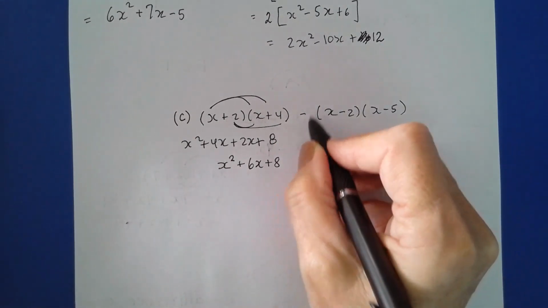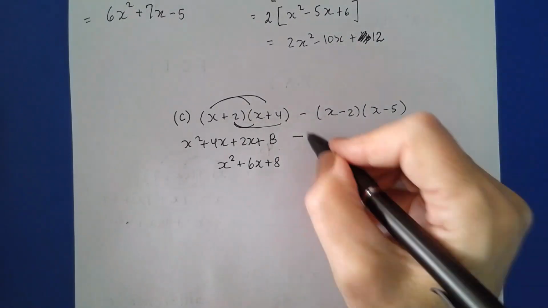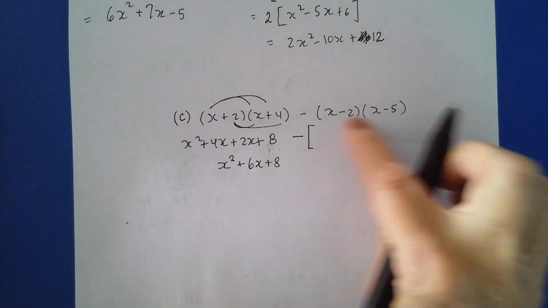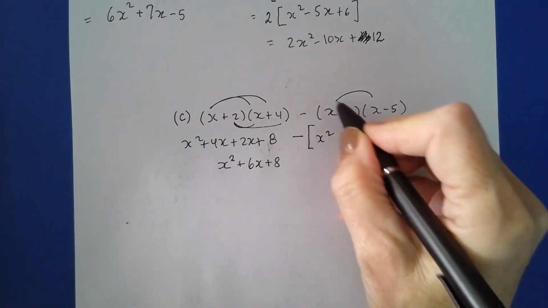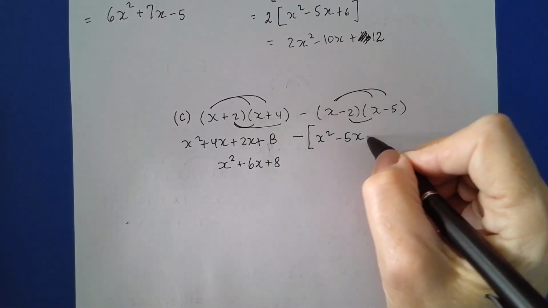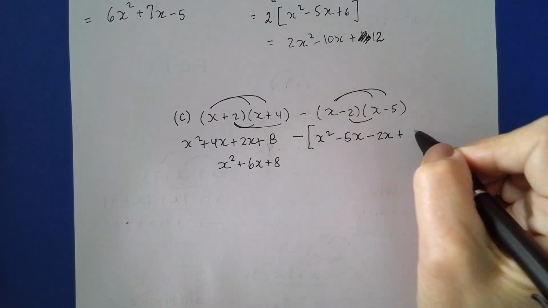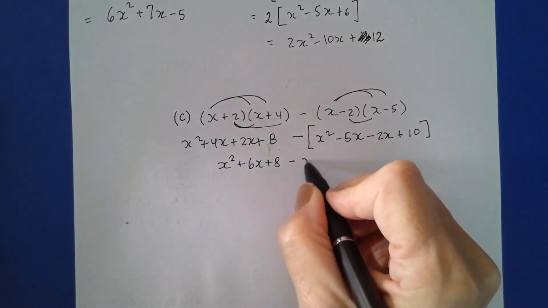Now this minus sign has nothing to grab onto here, so I'm just going to leave it. But I got to put what I get in brackets so that I can take the negative through. Because that negative is of consequence. So I'm going to end up negative x squared.